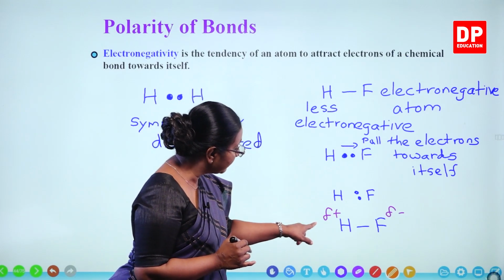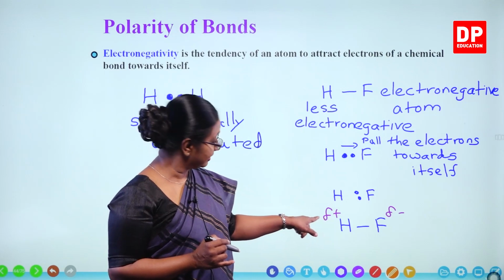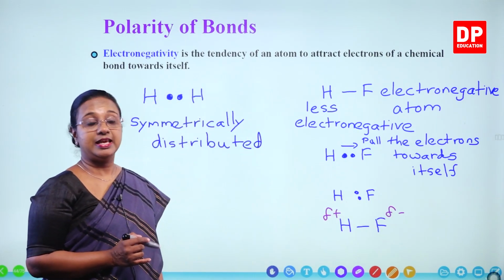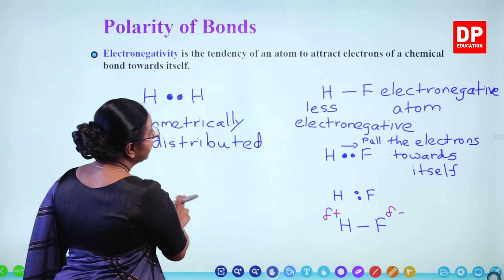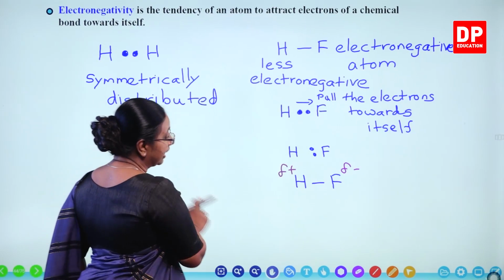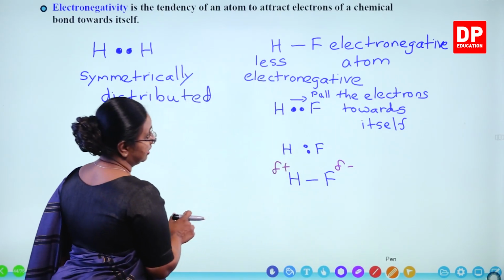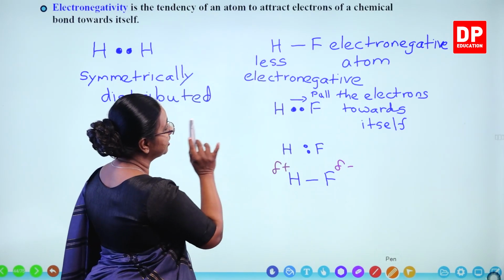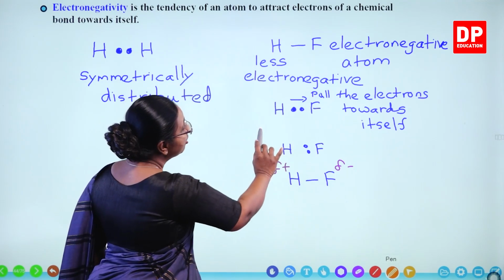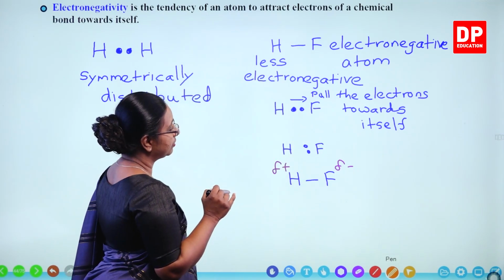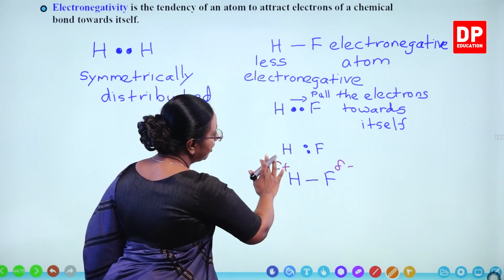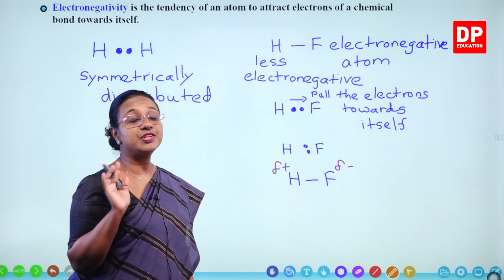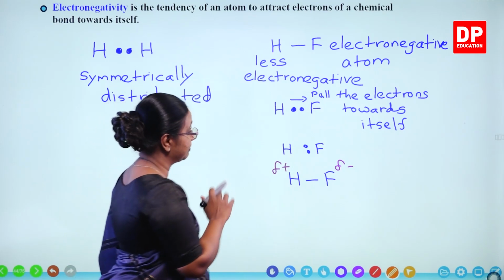This is the letter delta: partial positive and partial negative charge. That is because of the electronegativity. Here you can see fluorine is more electronegative, hydrogen is less electronegative. Fluorine pulls the electrons towards itself. Instead of being distributed symmetrically, the electrons get distributed asymmetrically.